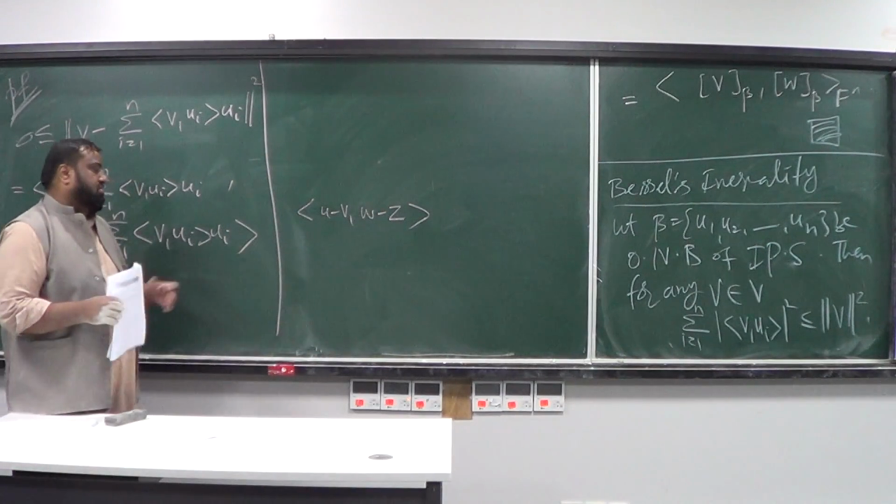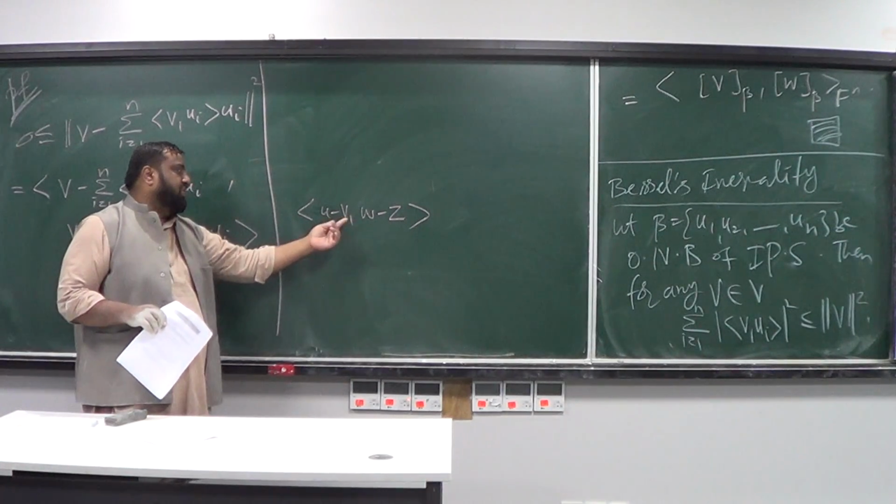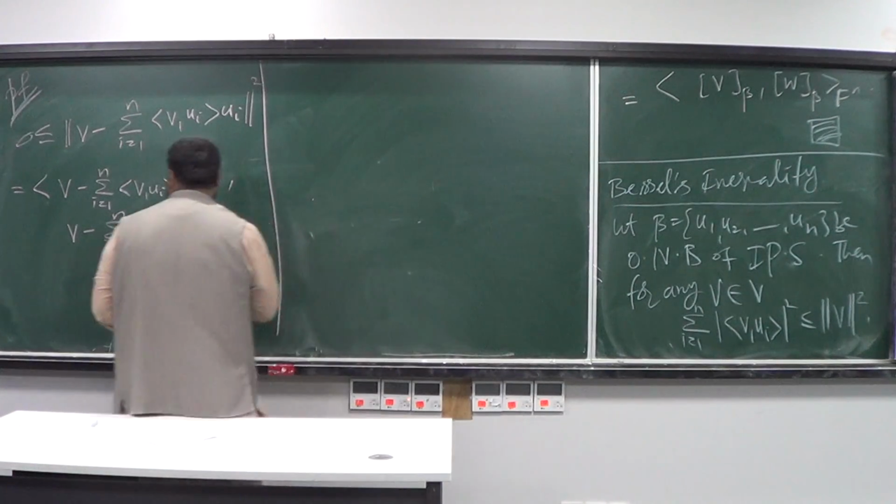So what you can do then is separate it. It is going to be uw, uz, vw, vz. Okay? So I can do the same with it.